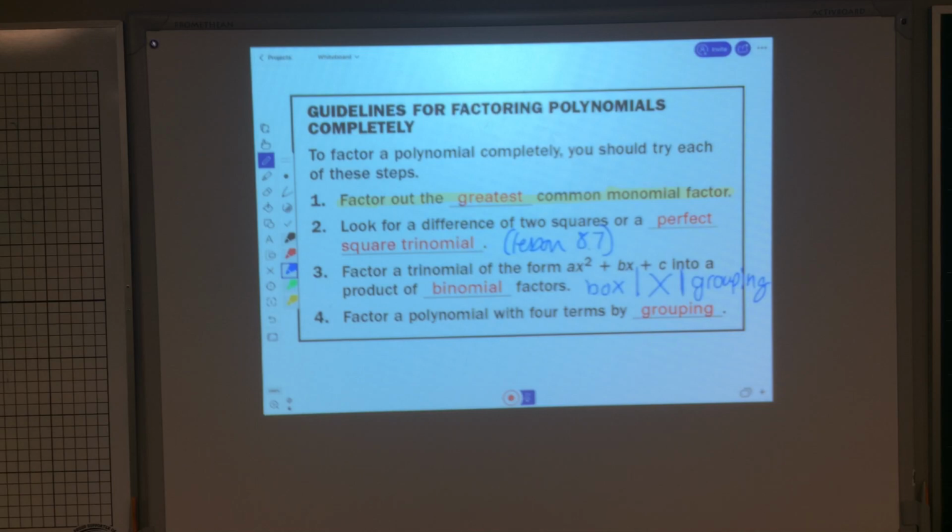And the last one, if it has 4 terms, you have no choice but to factor by grouping. But even when you're grouping, remember you can make that box if you prefer the box method.